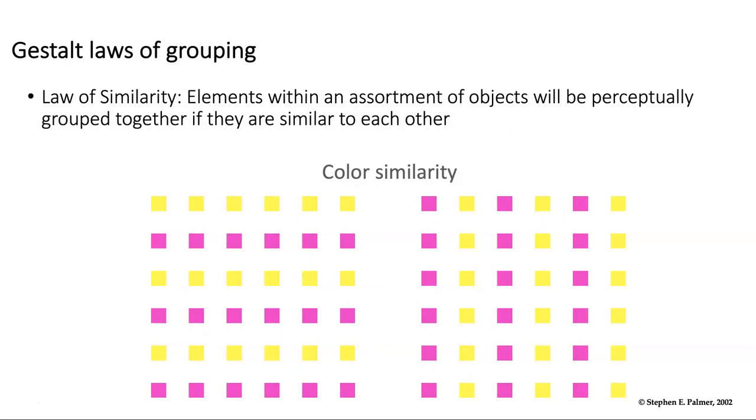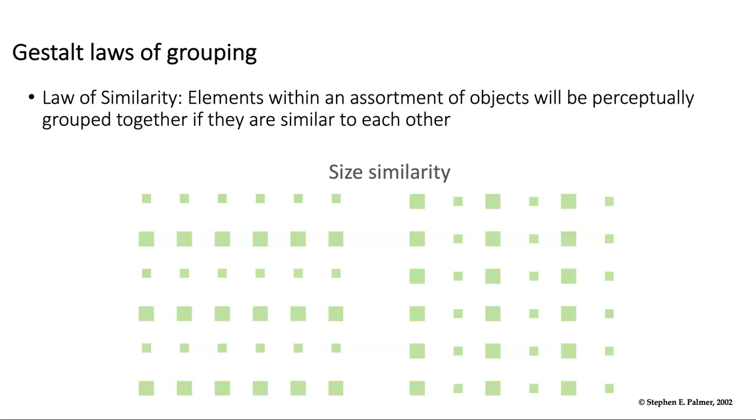Another figure was shown to describe color similarity. It was called the law of similarity. Color similarity was one of them. Another one was size similarity. Again, the issue here is why do we group them? I mean, we have a tendency to perceive them in groups. So this is what they mean.